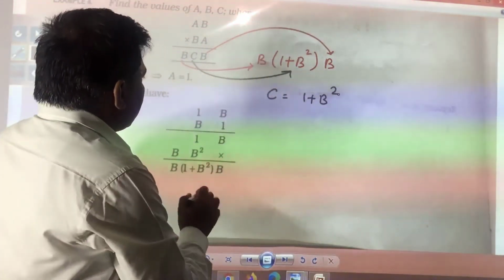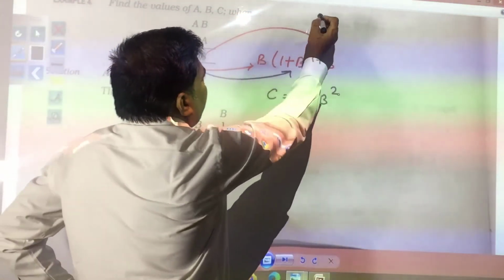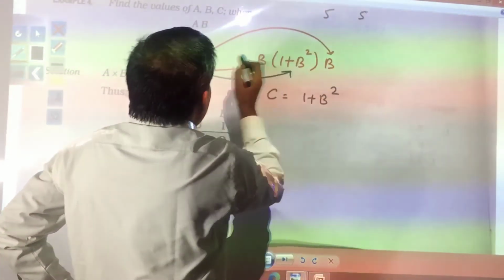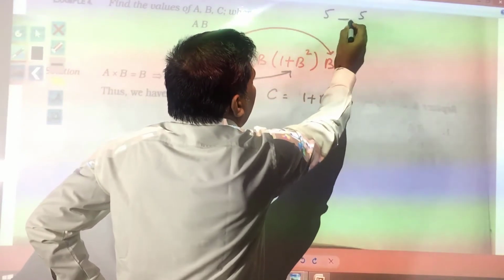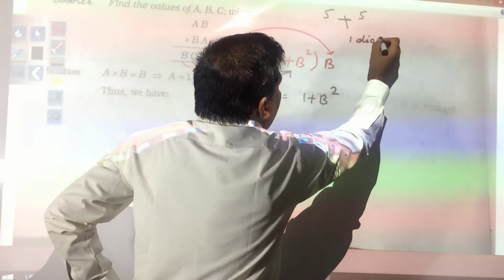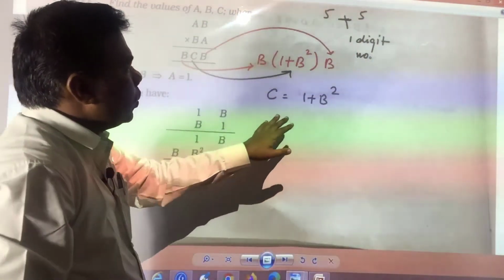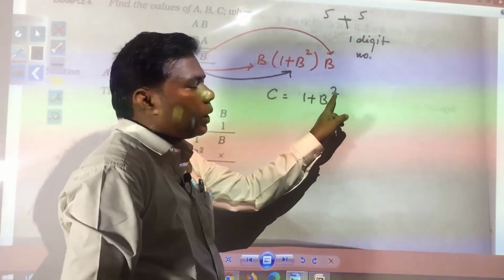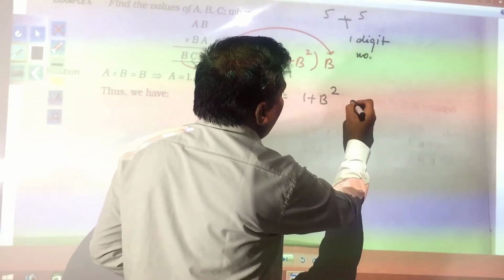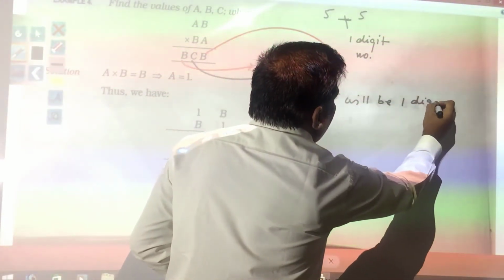Suppose if B is equal to 5, so 5 and 5, and in place of C some number would be, but this number will be a one digit number. So it is sure that 1 plus B square will be a one digit number.